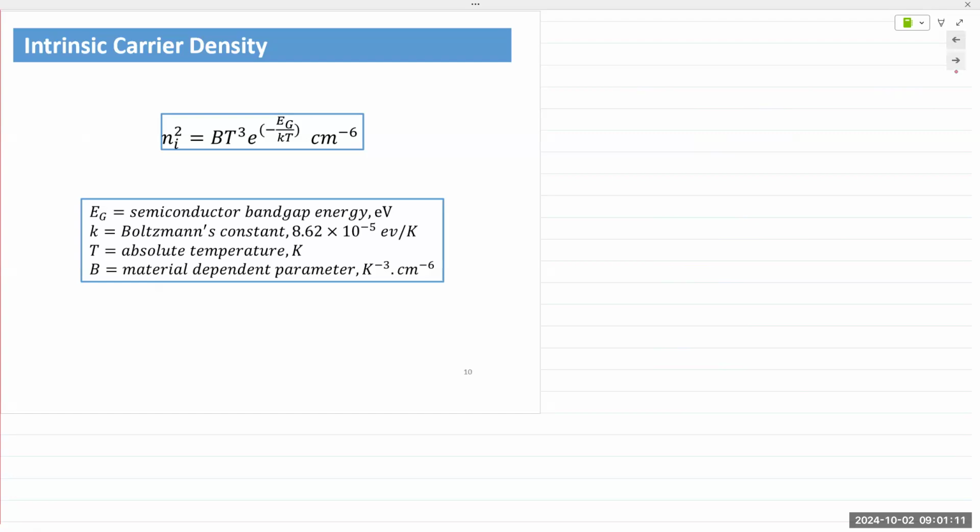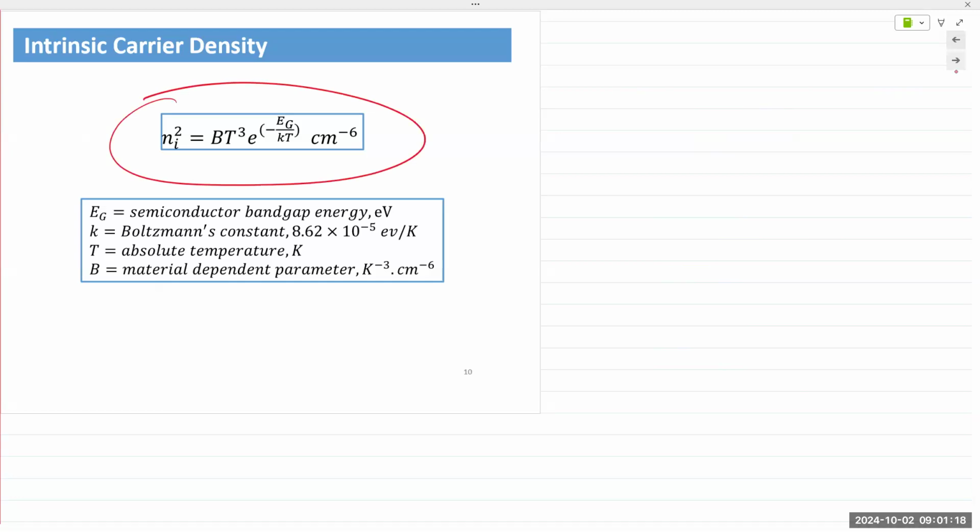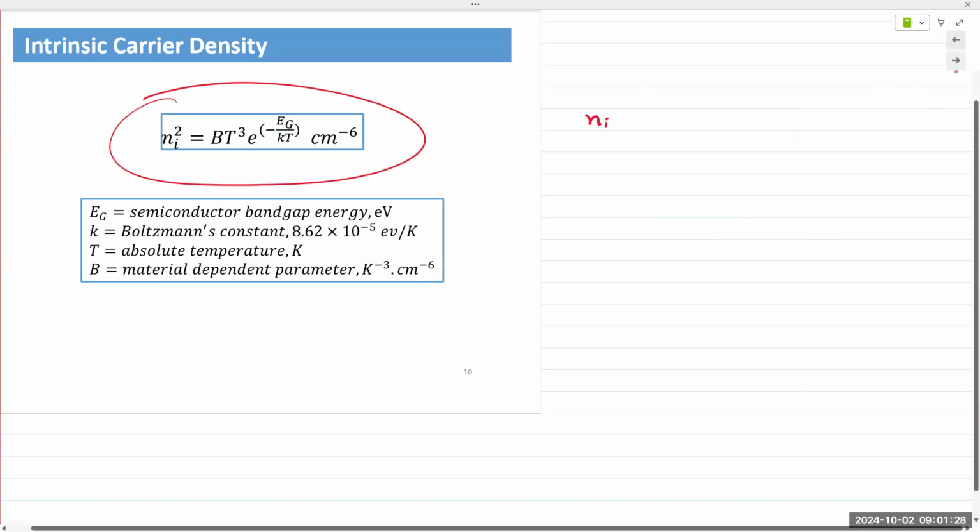There's an equation which describes the intrinsic carrier density. I believe it's also part of the homework assignment, but it's a simple plug and play equation. Ni refers to the intrinsic number of electrons or carriers.